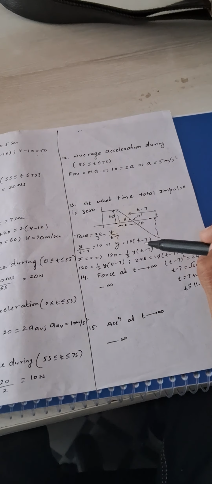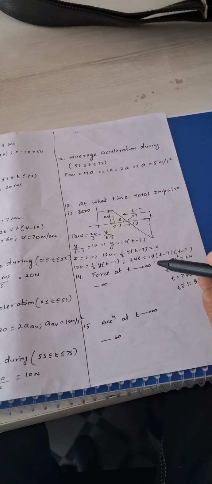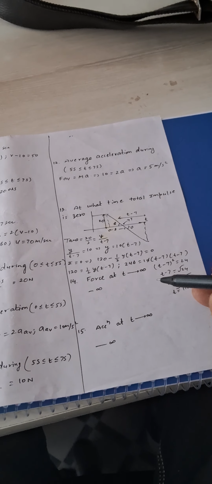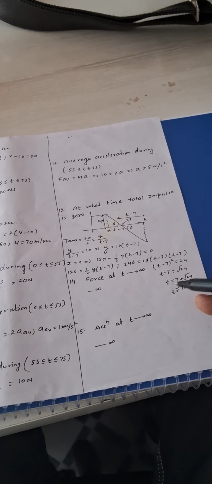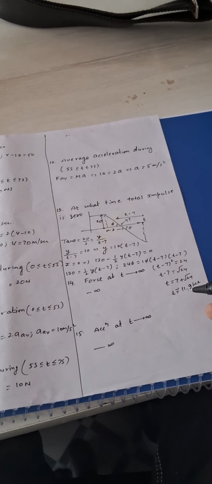So using this we can say that force as a function of t is 10 into (t minus 7). So using this we have 240 is equal to (t minus 7) whole square times 10, which gives (t minus 7) whole square as 24, which gives t minus 7 as root 24. So t is going to be 7 plus root 24. Root 24 is approximately 4.9, so that gives t approximately as 11.9 second.